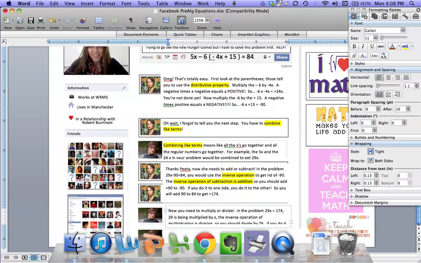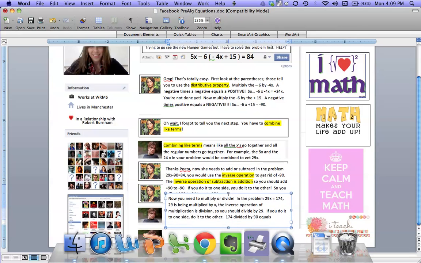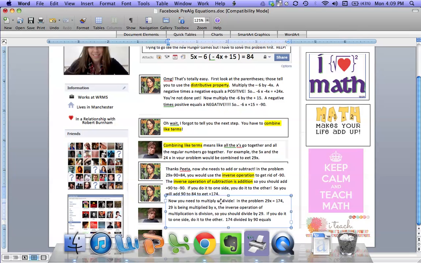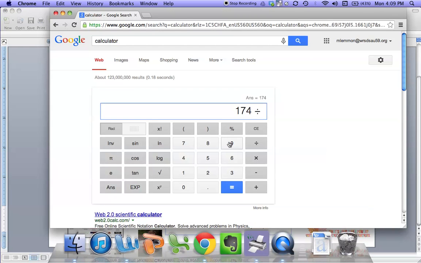174 divided by 90 equals, let's get rid of this. Gotta make this bigger. Nope, doesn't want to play with me. I'll go up here. Equals, let's go back to my calculator. 174 divided by 90 equals, that doesn't seem right.